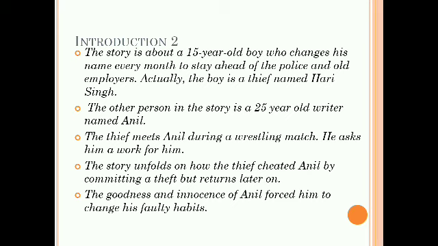The thief meets Anil during a wrestling match and asks him for work. The story unfolds on how the thief cheated Anil by committing a theft but returns later. But the goodness and innocence of Anil forced him to change his faulty habits.